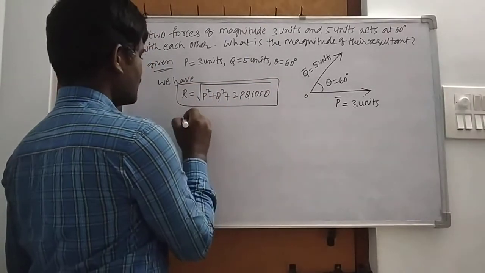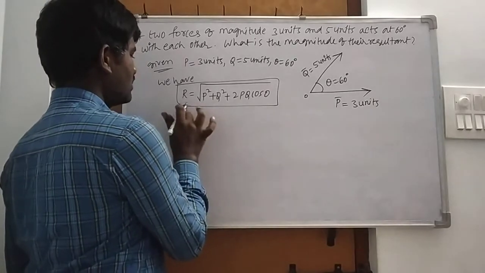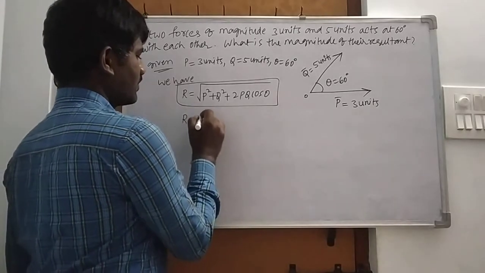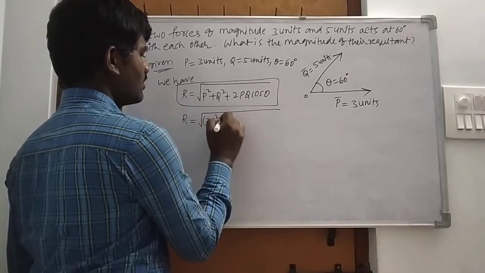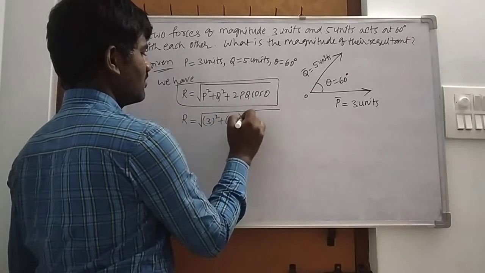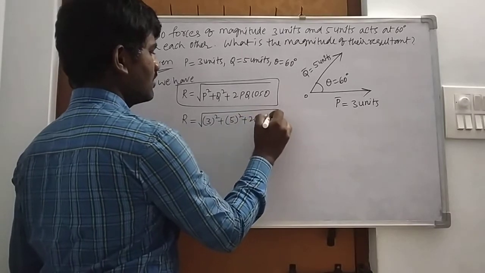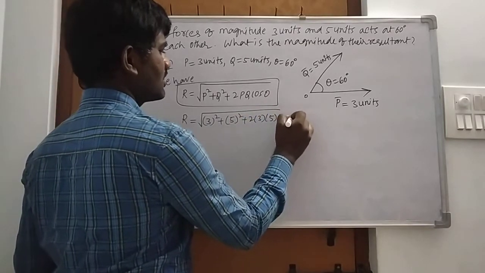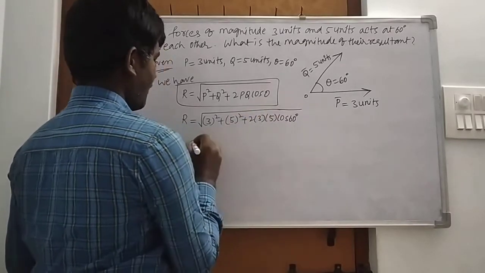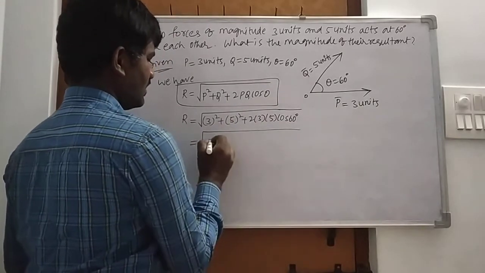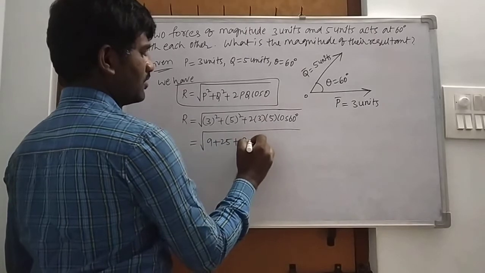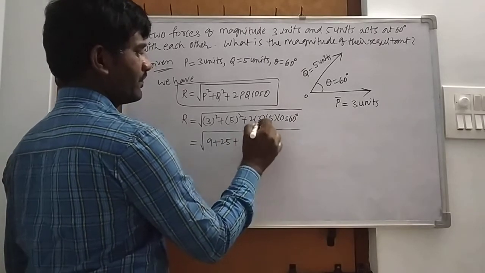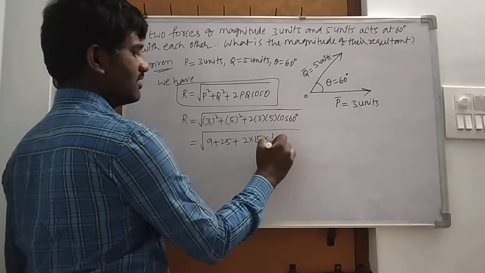So R is square root of 3 square plus 5 square plus 2 into 3 into 5 cos 60. That is square root of 9 plus 25 plus 2 into 15 into 1 by 2.